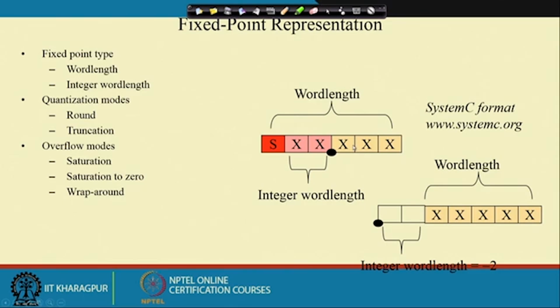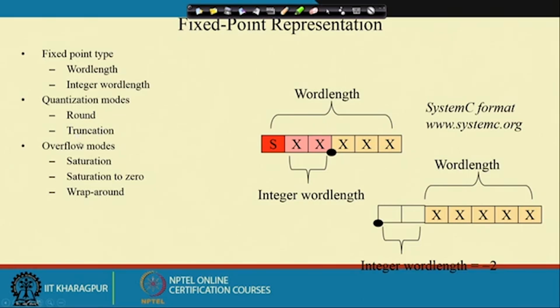Okay. So we have already seen the weight of this particular position. In the quantization mode, whenever we do quantization, there may be two kinds of error, due to rounding or due to truncation.